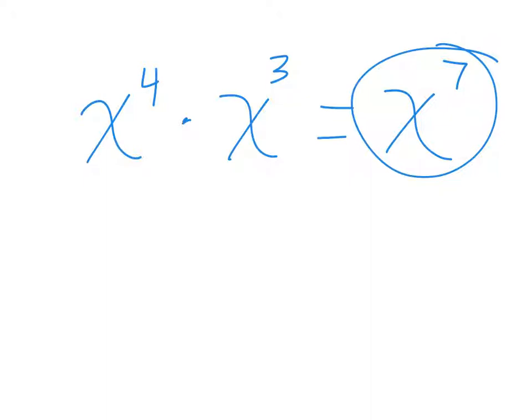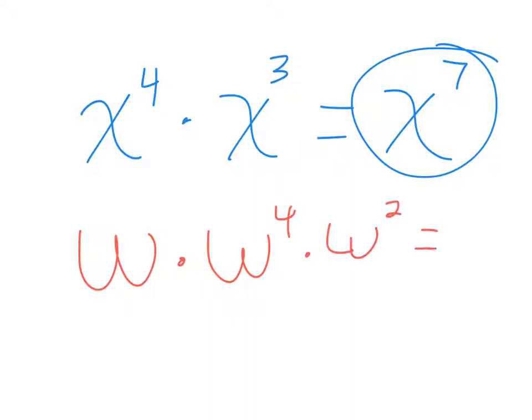So anytime you see exponents with the same base, if I gave you guys a different problem, if I gave you w times w to the fourth times w to the second, remember, keep in mind that, even though that first w doesn't have an exponent on it, that's the same thing as the power of 1.